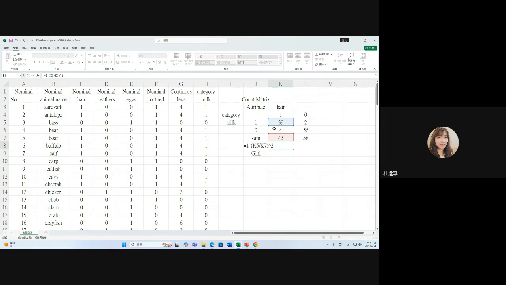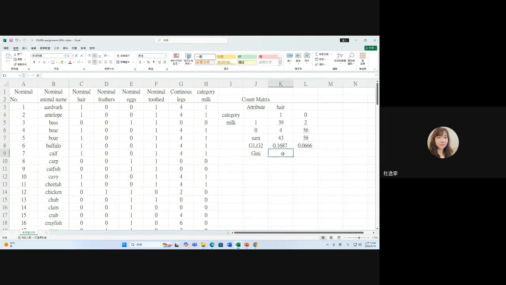The second one, F4 divided by 43, square. Check. The answer is correct, right? Pay attention to me. And this formula, directly copy the formula would be fine because it's just shifted. We do not lock everything.